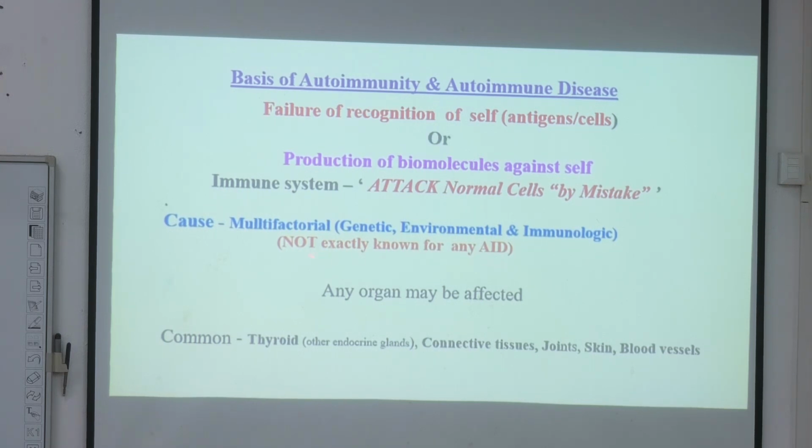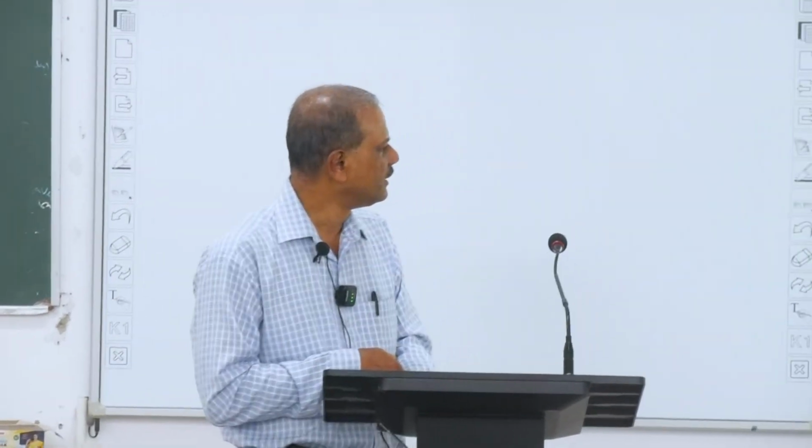So any organ can be affected. The common organ which you will see in your clinical practice is thyroid, hypothyroidism or hyperthyroidism. Another is connective tissue disorder, rheumatoid arthritis, SLE, skin, psoriasis you will get, blood vessel vasculitis. Among common autoimmune diseases, Hashimoto's thyroiditis is very common.